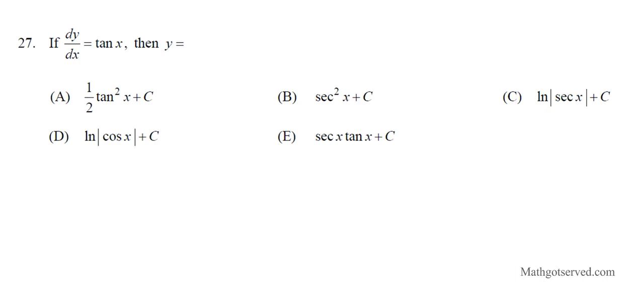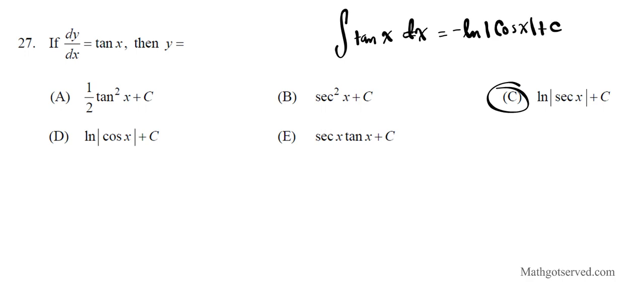It says if dy/dx equals tan x, then, now if you have your table of derivatives memorized, you automatically know that the antiderivative of tan x, the integral of tan x dx, is equal to actually negative natural logarithm of the absolute value of cosine x plus c, and this is also the same thing as the natural logarithm of the absolute value of secant x plus c. Okay? All right. I'm going to show you in a minute how this comes to this.